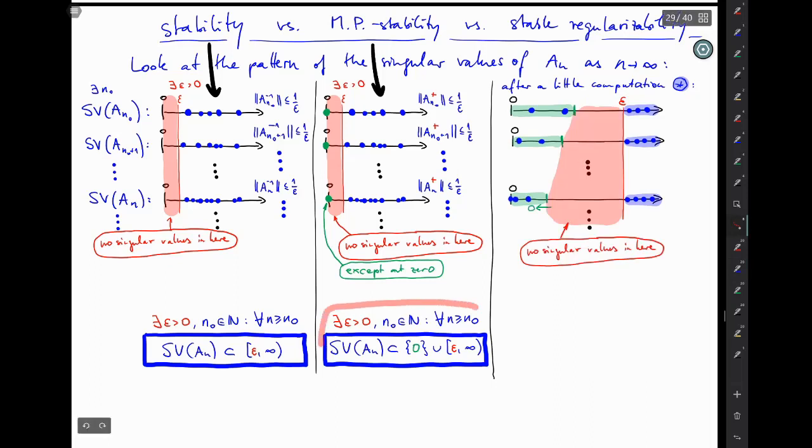So writing down this corresponding condition is a little more difficult this time, but I'm sure we will get this done. So there exists our epsilon, and of course a starting index n0, and this sequence of upper limits for the green regions that goes to 0, such that for all n after our starting index, the singular values of a_n are contained in either the green interval or the blue interval.